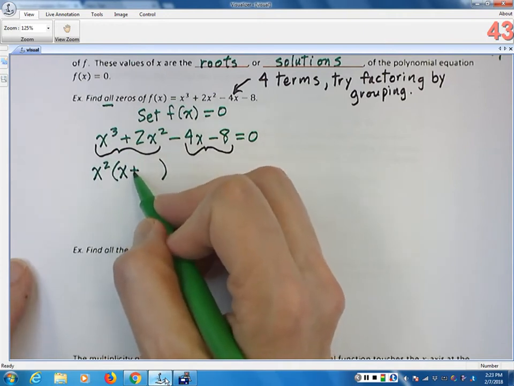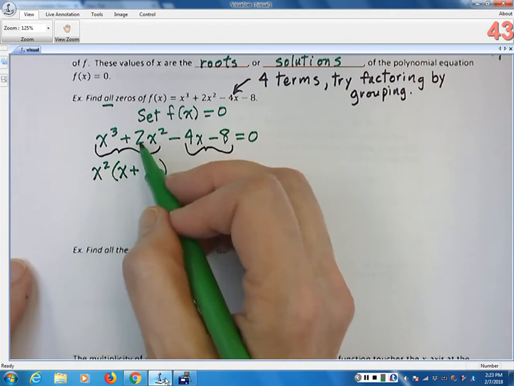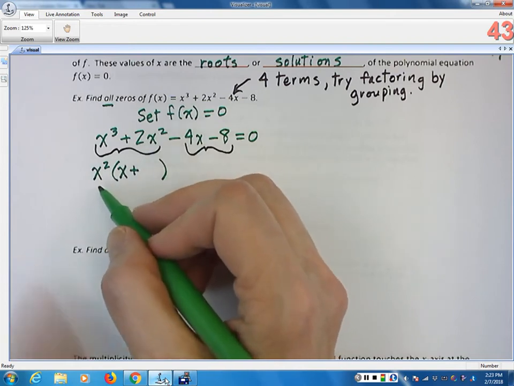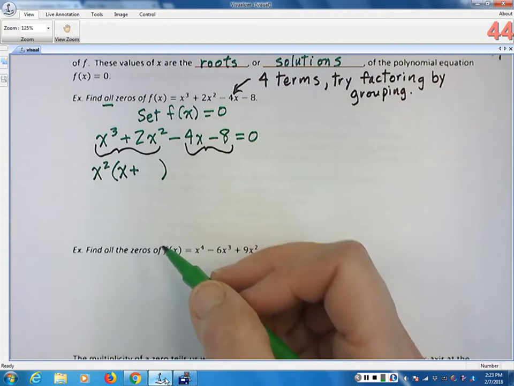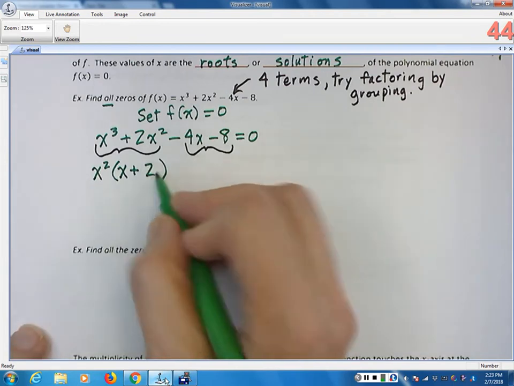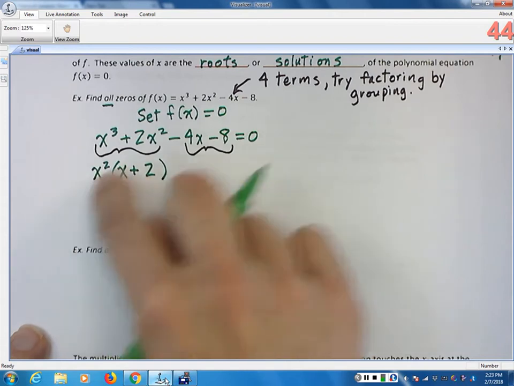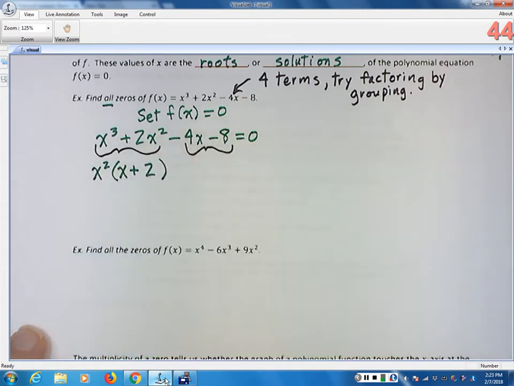Bring the plus sign down. x squared times what gives you 2x squared? 2. Distribute it again in your head to make sure it works. x squared times x is x cubed. x squared times 2 is 2x squared.